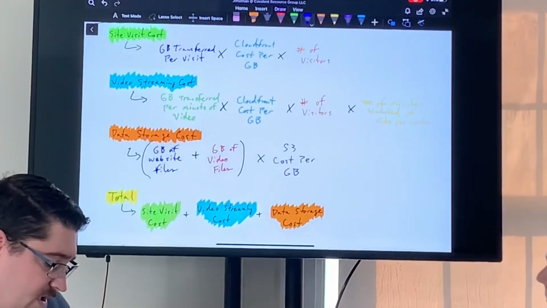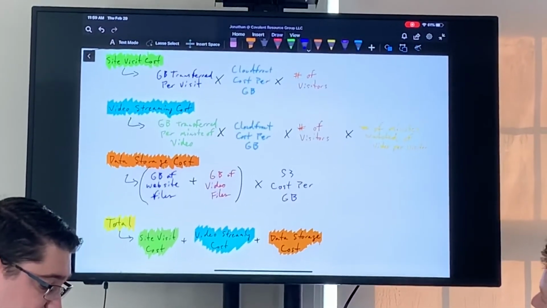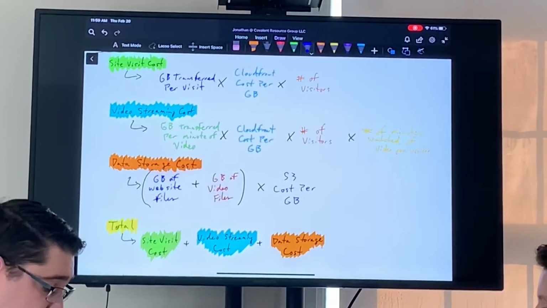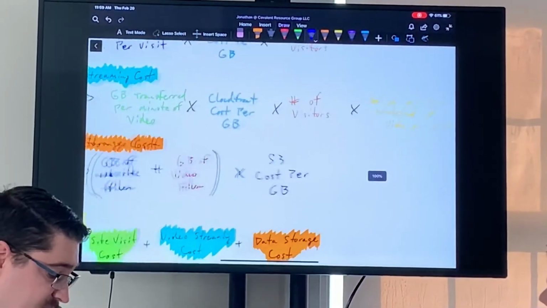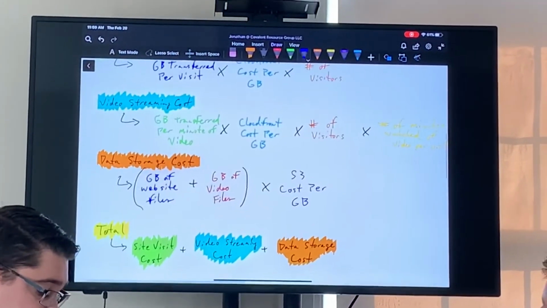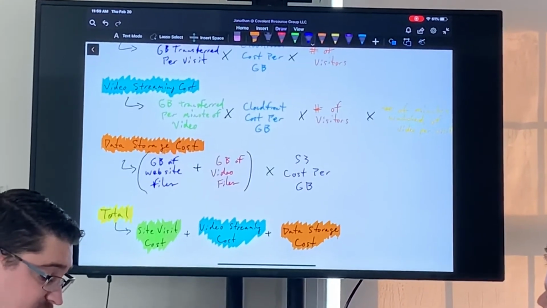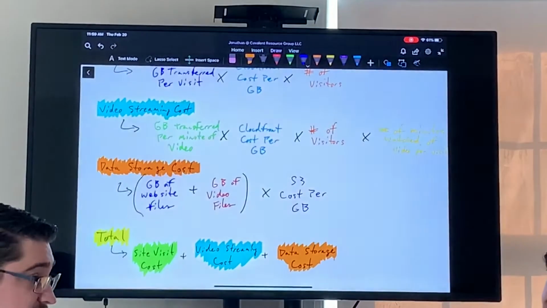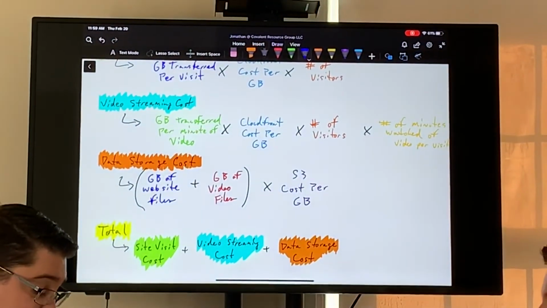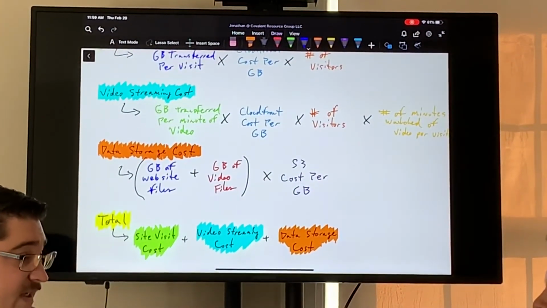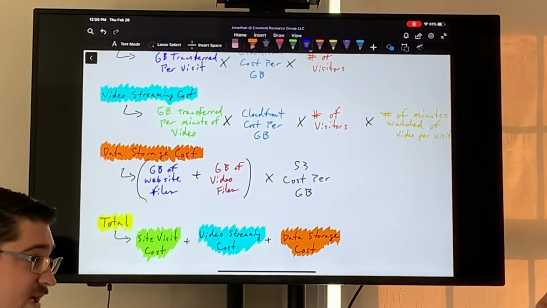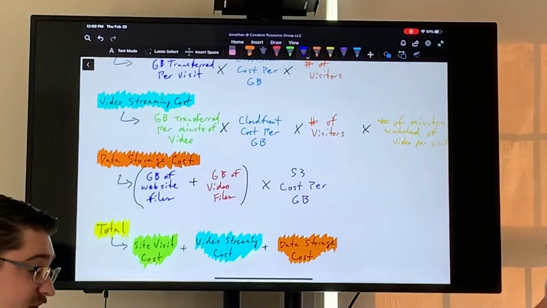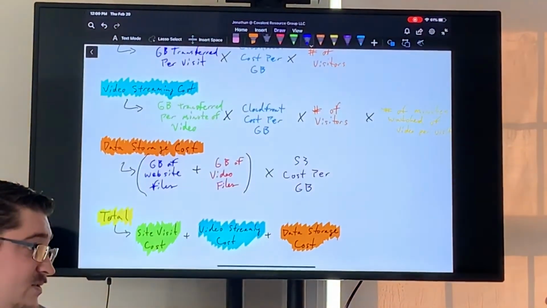So the cost for that is we have to add up all of the data we've got. So the gigabytes of website files and the gigabytes of video files, all that multiplied by now the S3 cost per gigabyte. Because if you remember, S3 was the service that will take care of holding on to the data and keeping it secure until someone needs to download it.